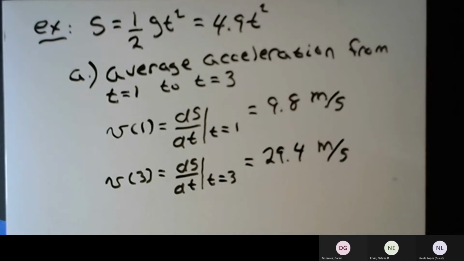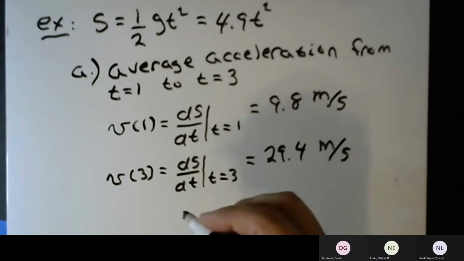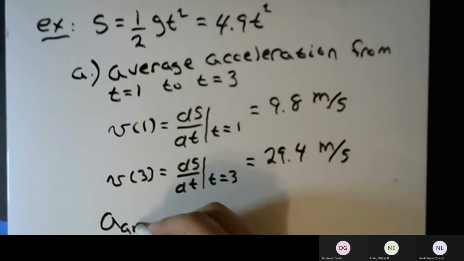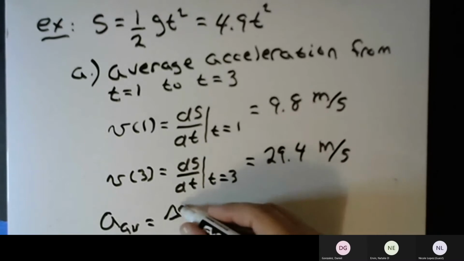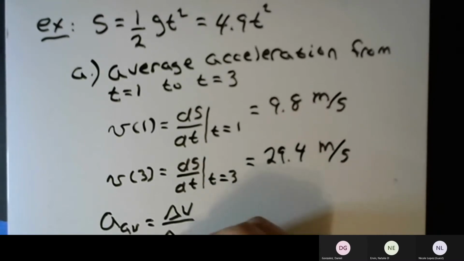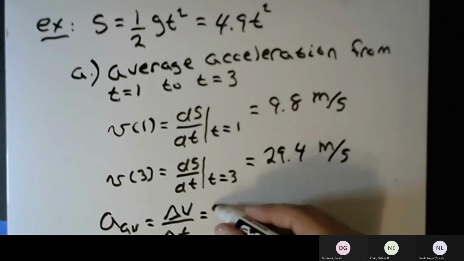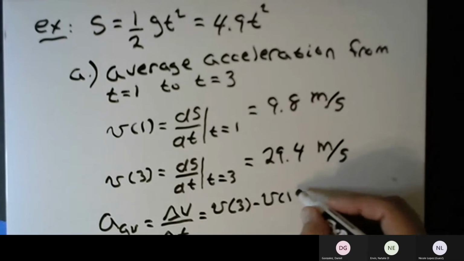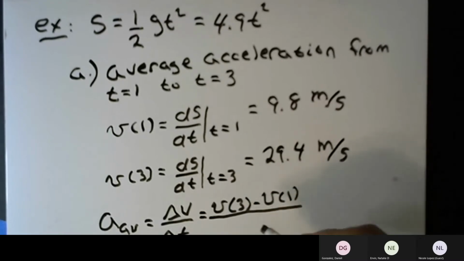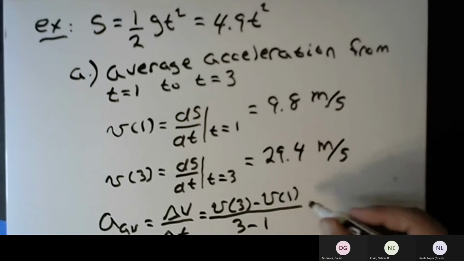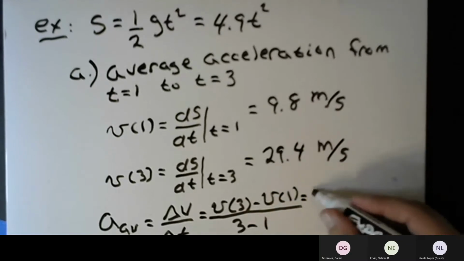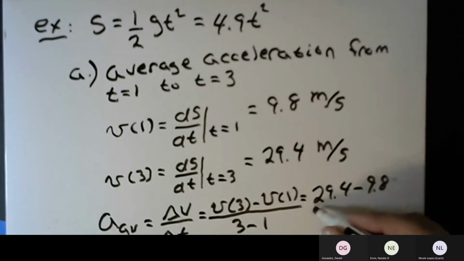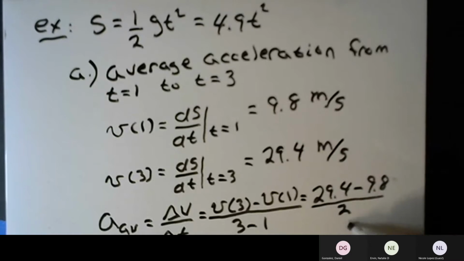So to find the average acceleration, we're going to take the velocity, it's going to be delta v over delta t, or the velocity at 3 seconds, minus the velocity at 1 second, over 3 seconds minus 1 second, or 29.4 minus 9.8 divided by 2.